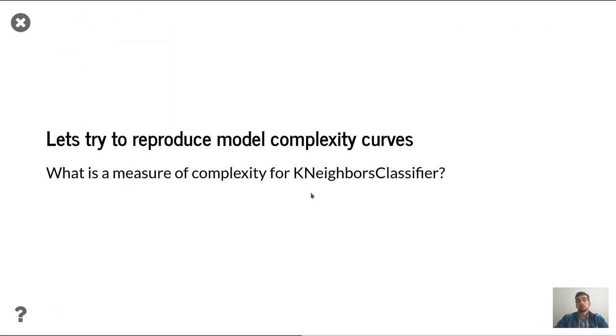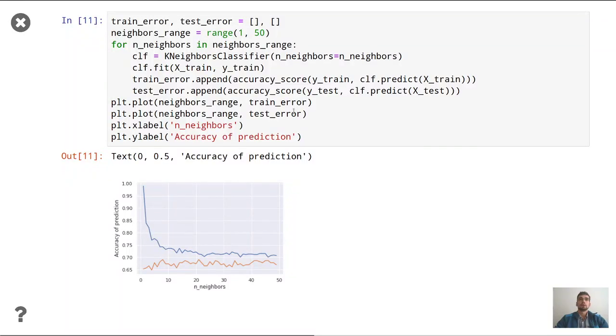And we can try to, again, reproduce these model complexity curves. This is, again, a very simple cycle. Within this cycle, I just iterate over different numbers of neighbors and calculate train and test accuracy.